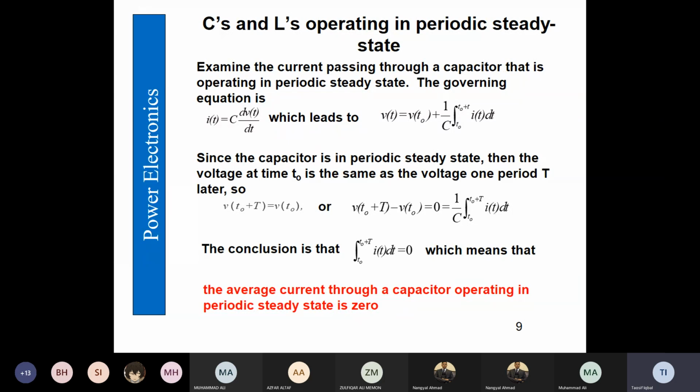So average current through the capacitor, when the circuit is operating in steady state, is 0.